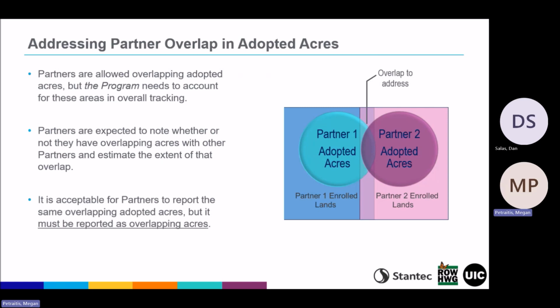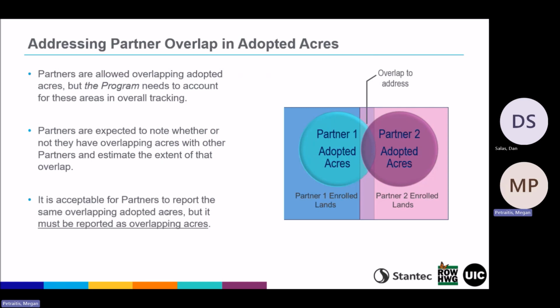This is just something us as a program need to know so that we can track it and subtract it on a program level. So partners are expected to determine and know where there are overlapping acres with other partners, and we have some tools and some suggestions to help you through that.